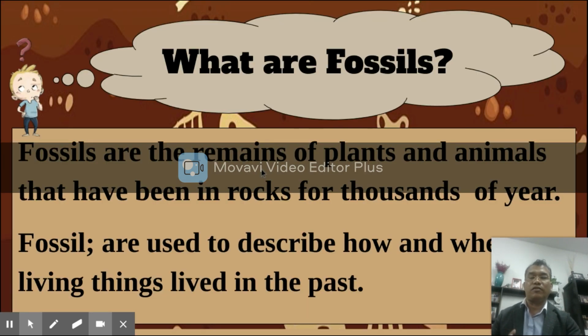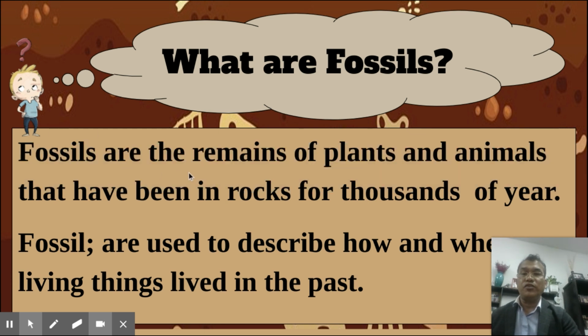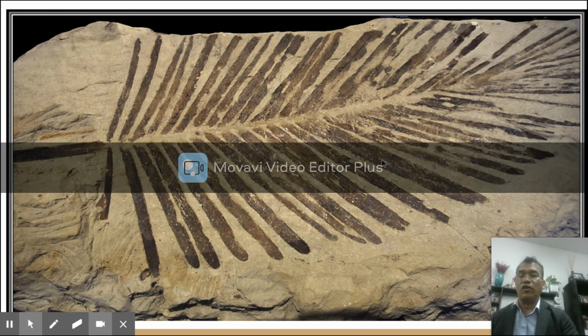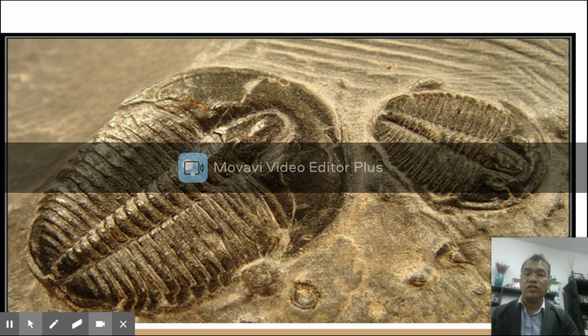Okay, today we're going to learn about fossils. What are fossils? Let's read. Fossils are the remains of plants and animals that have been in the rocks for thousands of years. Okay, they're plants and animals. For example, this is the picture of plant fossils and animal fossils. I don't know what kind of animal this is. Okay, these are fossils, right?